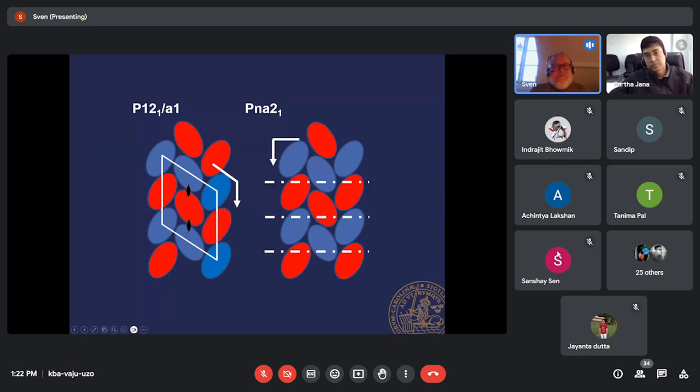You see the left-hand row of the left-hand structure is actually identical to the left-hand row of the right-hand structure. The second row is also the same in the two structures. It's the third row that differs, but it means that nearest neighbor interactions for all these ellipses are the same.